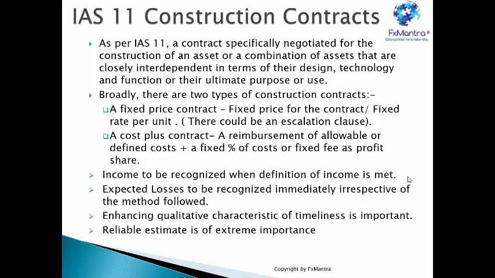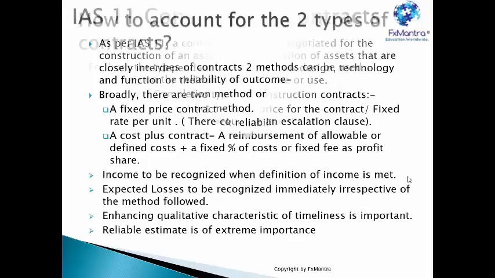If we do not do anything for a construction contract, for example, which is going on for 5 years, then we do not know what is happening in the contract. This is the reason we try to do IS 11 method of accounting, and reliable estimate of your revenue and cost is of extreme importance for this particular accounting standard.